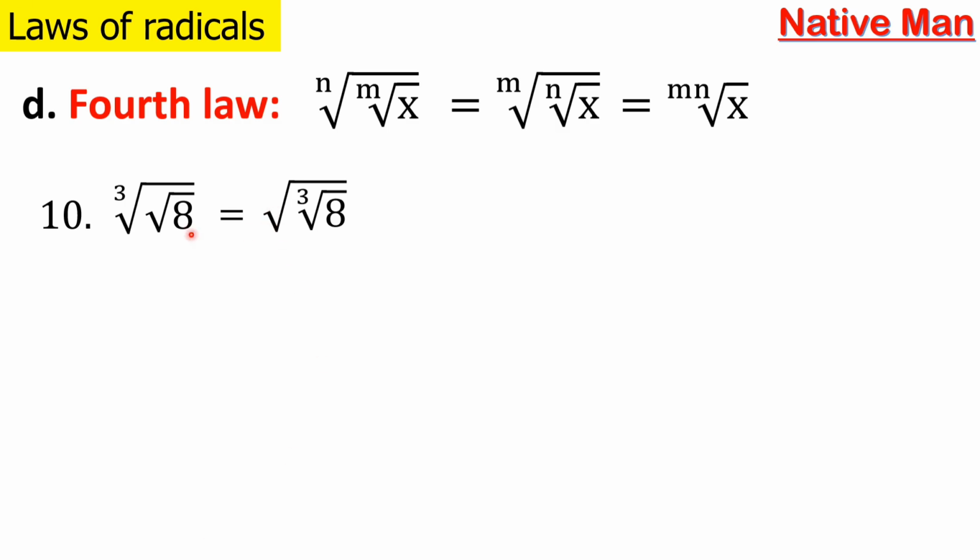All we need to do is to exchange to the cube root. So you can calculate it easily because 8 has a cube root, which is 2. So the answer is the square root of 2. You don't need to simplify it.